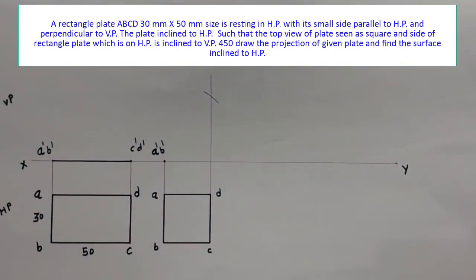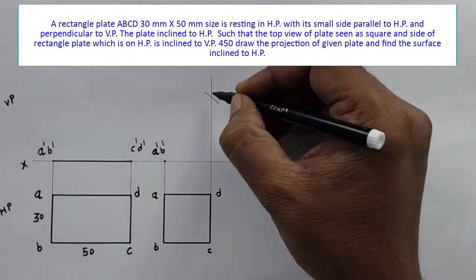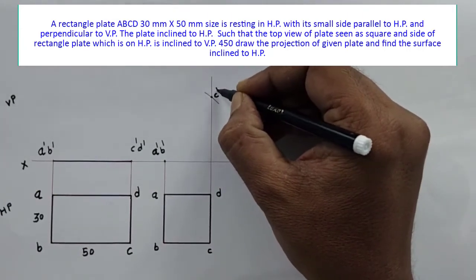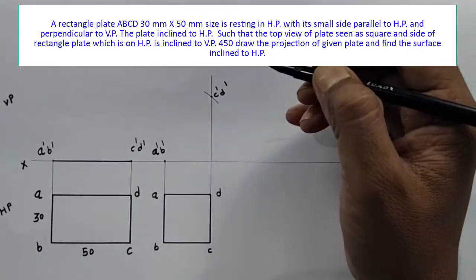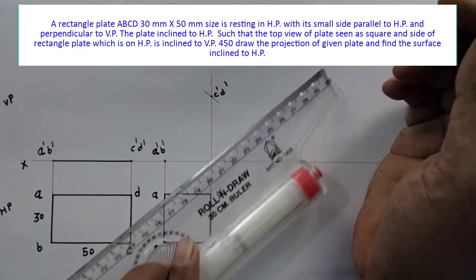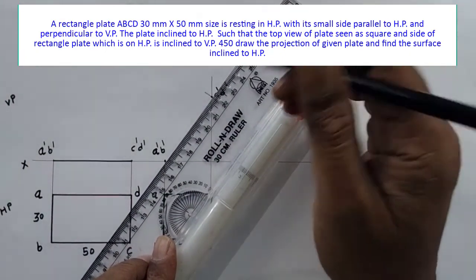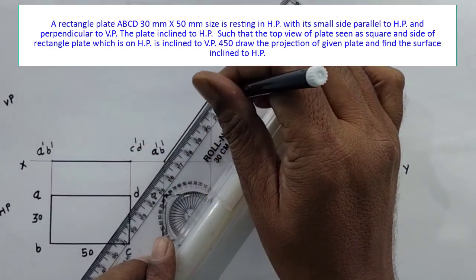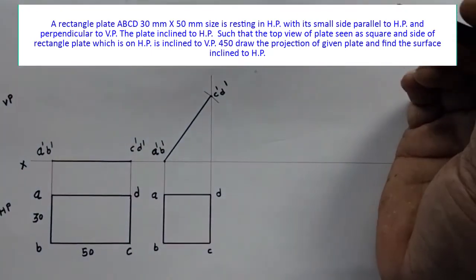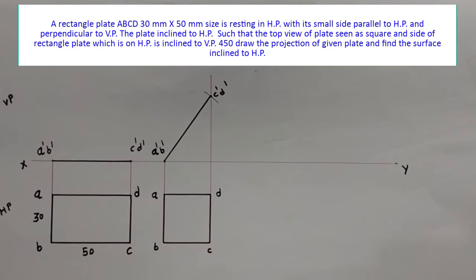So it is giving our C dash D dash points, and I join with a straight line, and we got our answer.